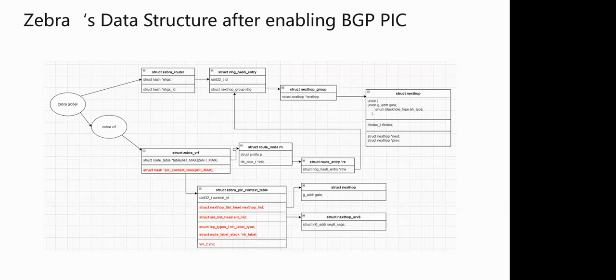Yeah, I was just thinking out loud about whether there is any value in extending netlink for PIC. If this is only for FRR and SONiC, maybe we could just use protobuf.